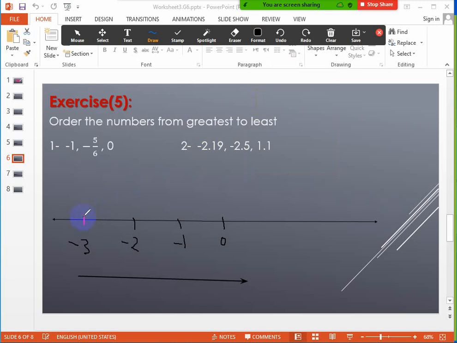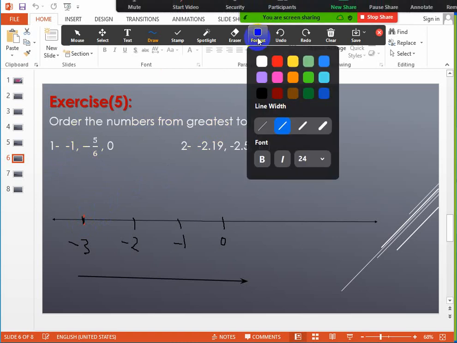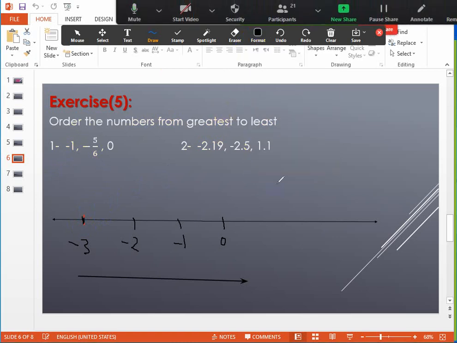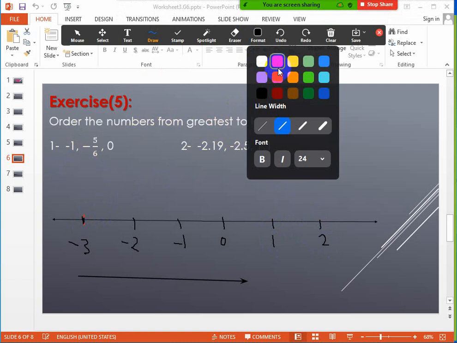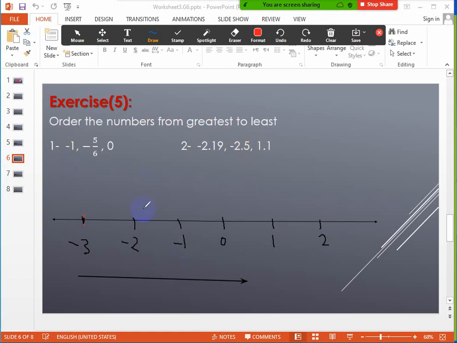Now I have the first number, negative 1. Negative 1 will be right here. This negative 1, it's easy for me.